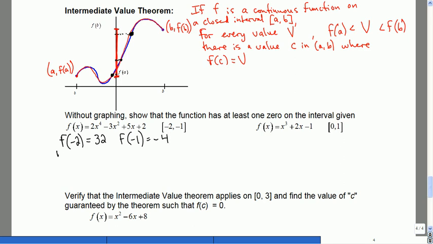So because f is a continuous graph, it's a polynomial, I must pass through 0.